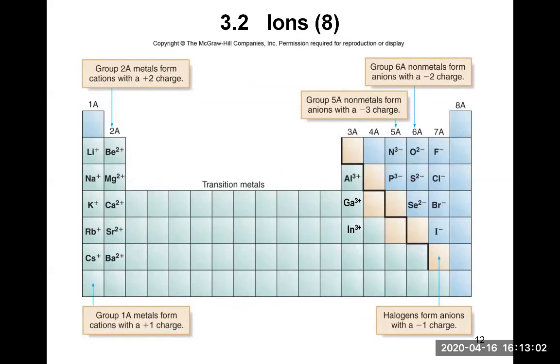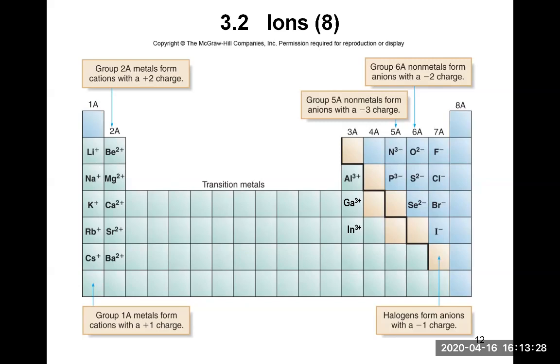So this is summarizing what we covered here. And these are all what we call predictable ions. You can predict from their position in the periodic table what kind of ion they become. So in group 1A, all those metals become +1 ions. Notice how hydrogen is omitted here.